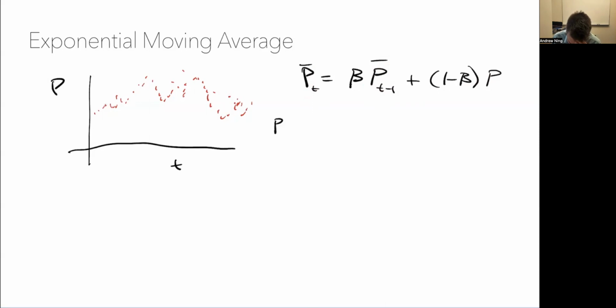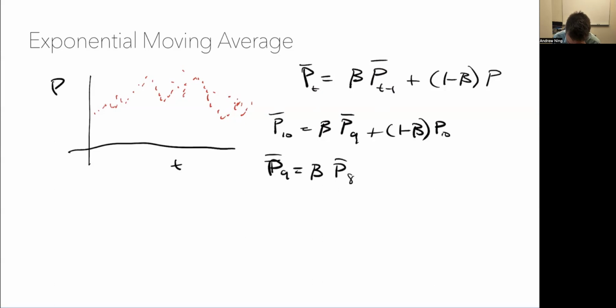Let's say the power at 10 is equal to beta times the average power at 9 plus 1 minus beta times my instantaneous power at 10. But the average power at 9 was beta times the average power at 8 plus 1 minus beta times the power of 9. So I could plug that in there.